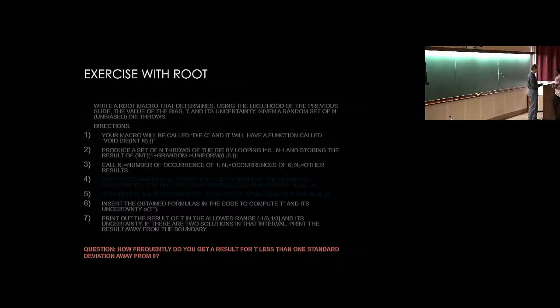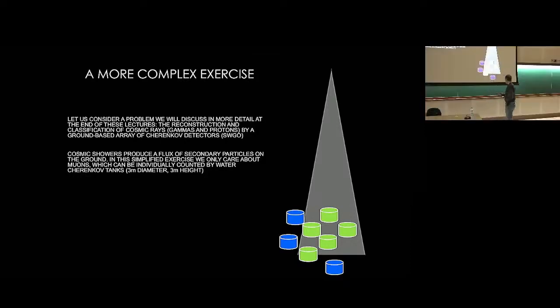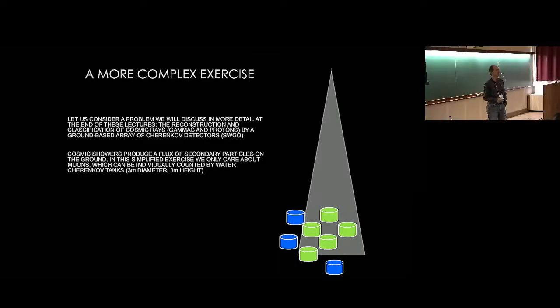Yeah, sorry. So I will bounce off you this problem, which comes from this Dorigo experiment, which I mentioned at the beginning. This is an array of detector tanks filled with water on the ground, read out by photomultiplier tubes.